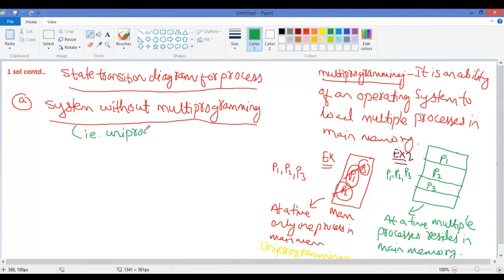Now, when a process is just loaded into main memory, we call it new. This is the process, and we call it new. Just now, the process got created.